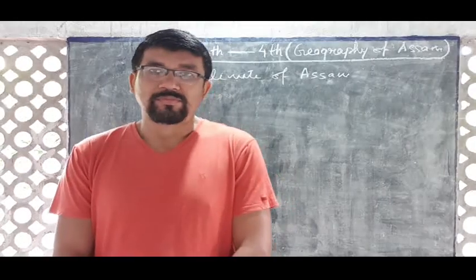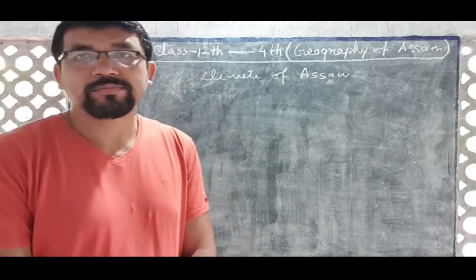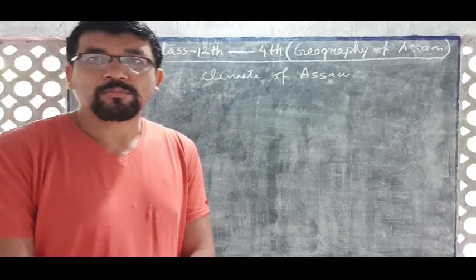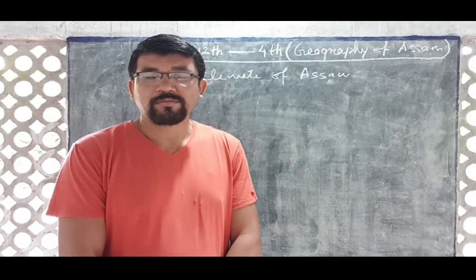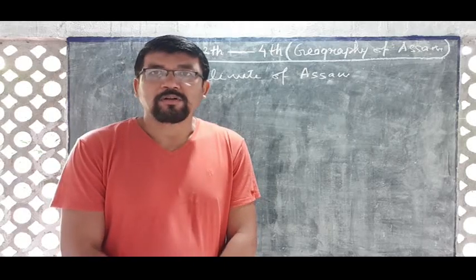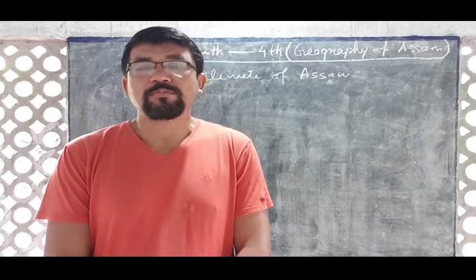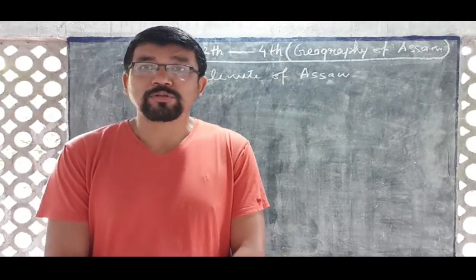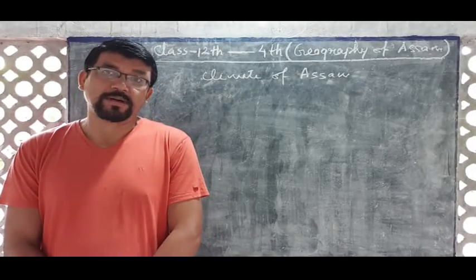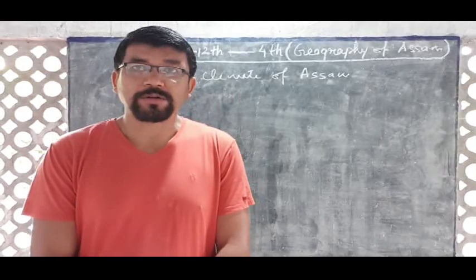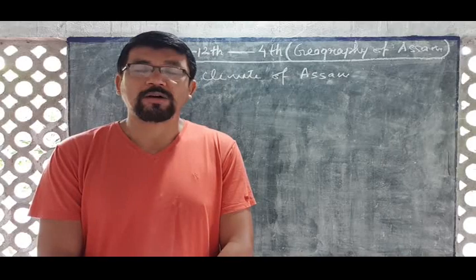So actually, Assam is influenced by a subtropical monsoon type of climate. Okay? The actual climate of Assam is subtropical monsoon climate. But in some books, it is given as tropical monsoon climate of Assam. But geographically, it is actually a subtropical monsoon type of climate found in Assam.